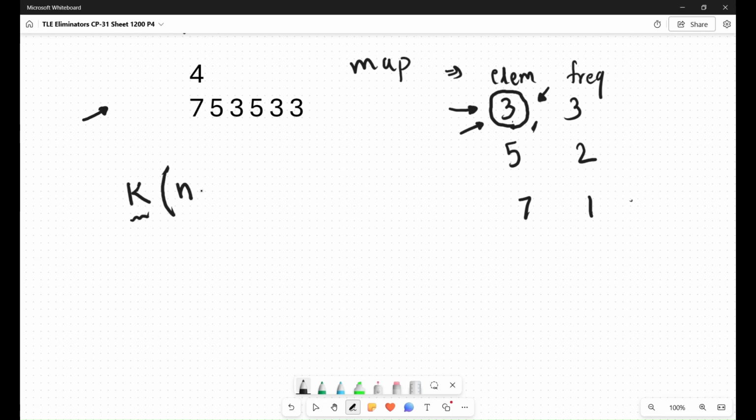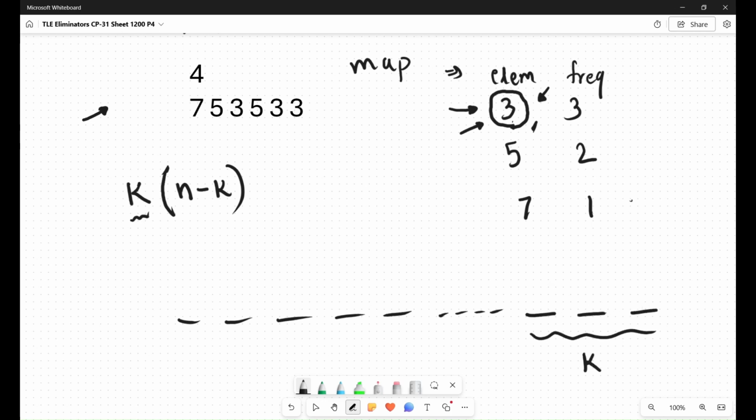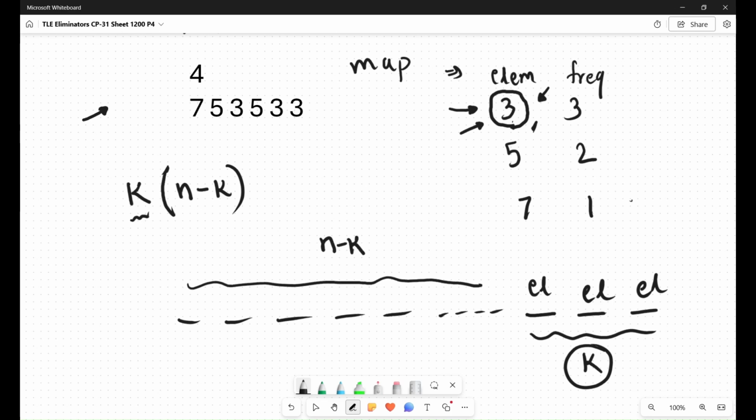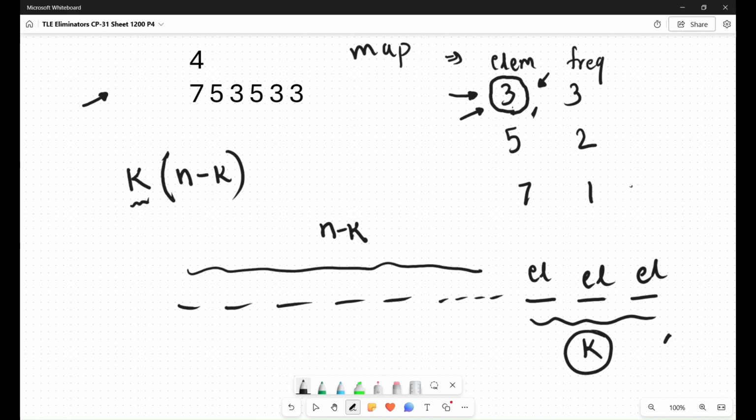So there will be n minus k other elements. Suppose these k are occupied by that element el. All the other n minus k elements, as this is the minimum element, will form pairs with these elements, right? So how many pairs will there be? k into n minus k.